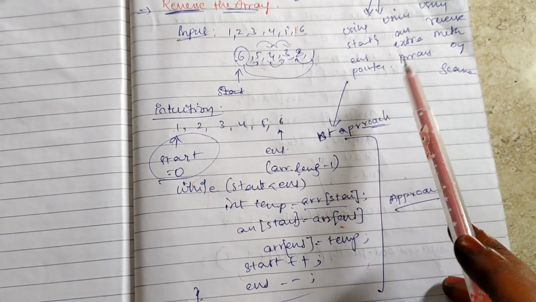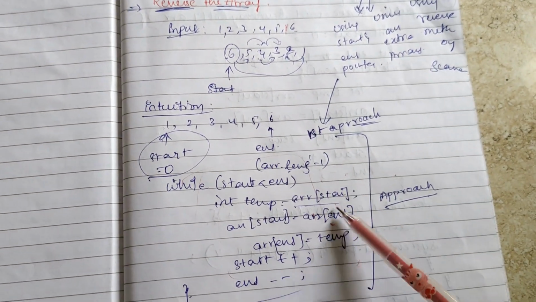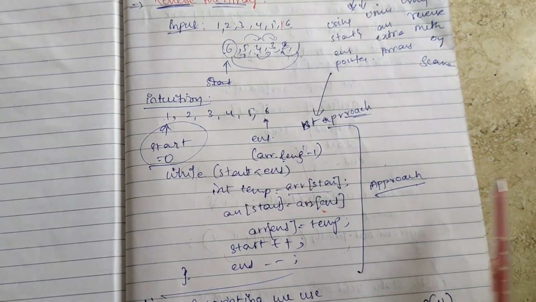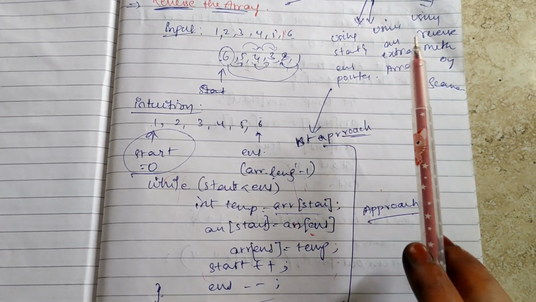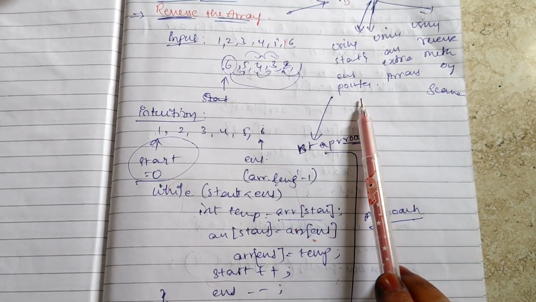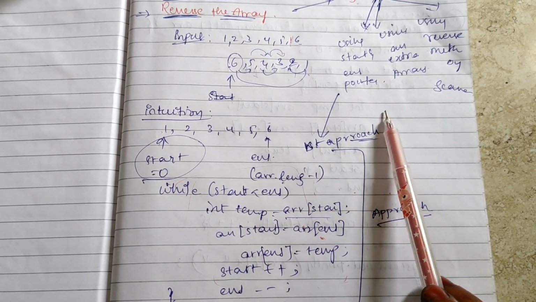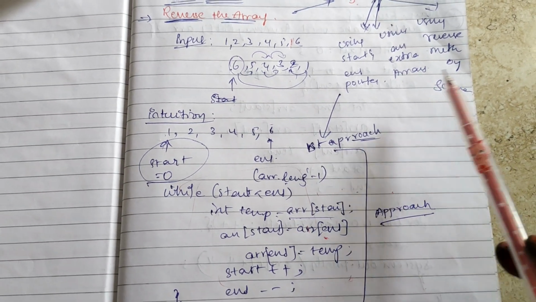So there are 3 approaches we can take. This is the first approach, the best, optimal approach, which takes O of n time complexity. There are 3 methods. First, using the start and end pointers, we can reverse the array. Second, using an extra array, which takes extra space complexity.